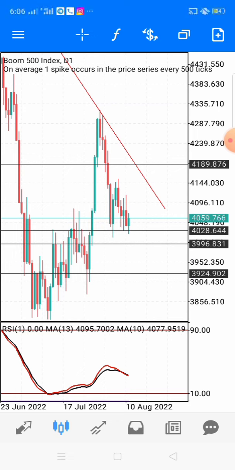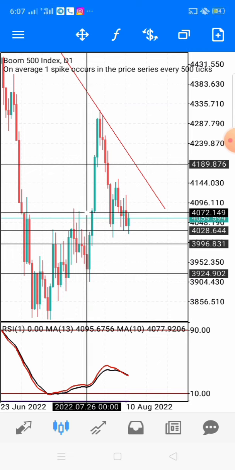This is a very good time to scalp, being that it's a downtrend, it means it's selling. So this is the best time you sell. This is a boom. A boom is supposed to spike up. We are supposed to be catching spikes with boom, but since it's selling, it's a downtrend.